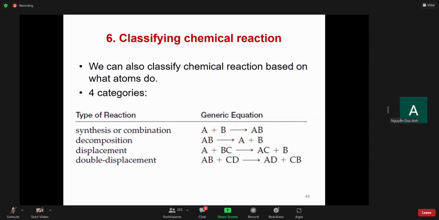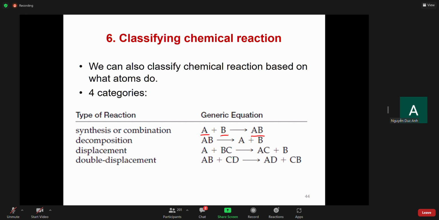In the first one, we call this kind of reaction synthesis reactions or combination reactions, in which you start from 2, 3, or more compounds and generate one compound. This can also be seen as the number of products being less than the number of reactants.